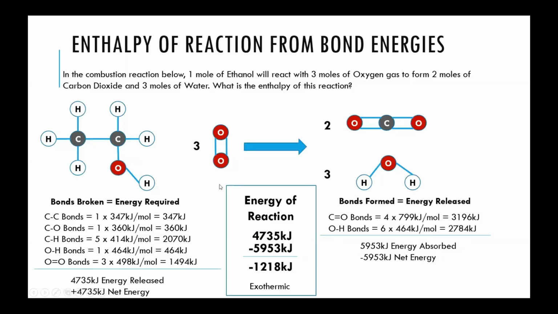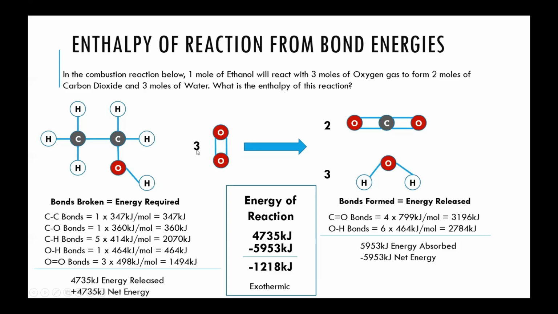On the reactant side, bonds that are broken, energy is required for these bonds to be broken. There is 1 carbon-carbon bond at this energy. There's 1 carbon-oxygen bond, 5 carbon-hydrogen bonds, 1 oxygen-hydrogen bond, and 3 oxygen-oxygen bonds.